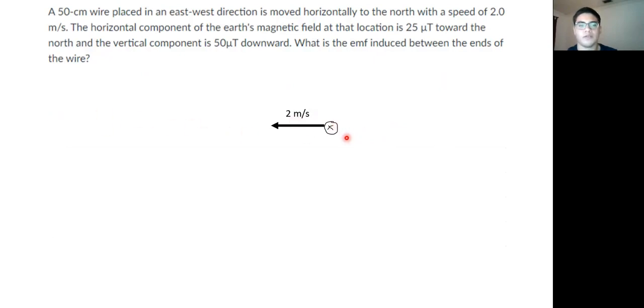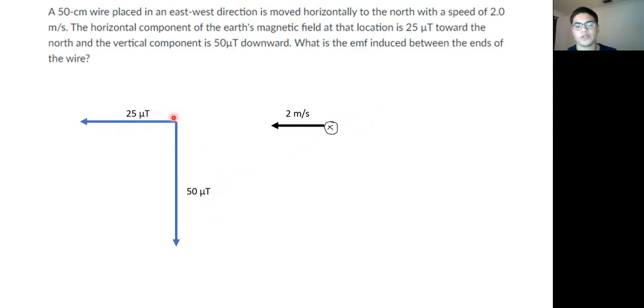So pointing to the left, you'll see that the wire is moving to the north with a speed of 2 meters per second. And they also tell us the horizontal and vertical components of the magnetic field of the Earth at that point. The horizontal component is 25 microteslas, and the vertical component is 50 microteslas.